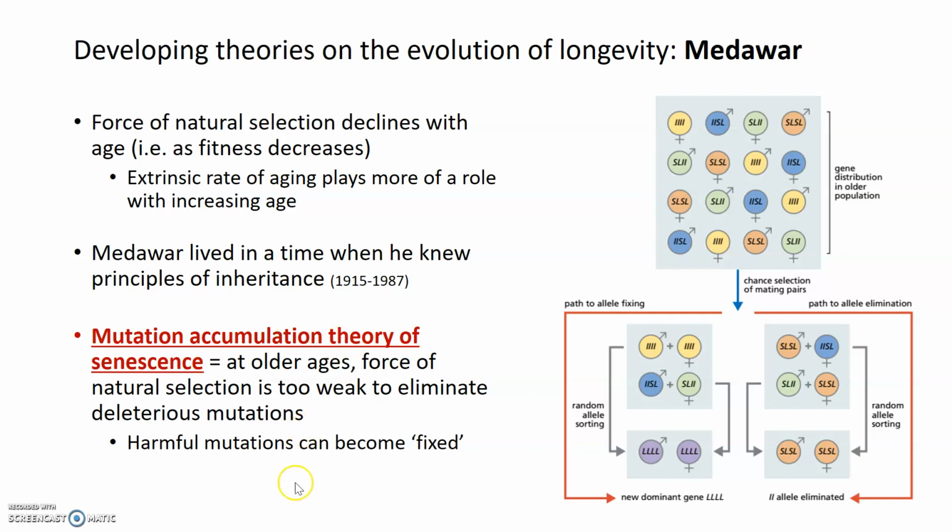And Medawar justified his idea that natural selection declines with age and generated this mutation accumulation theory, where at older ages natural selection becomes too weak, or declines to the point where it can't eliminate deleterious mutations or deleterious alleles from the population anymore. And those harmful alleles or mutations become fixed within a small, older population due to genetic drift.